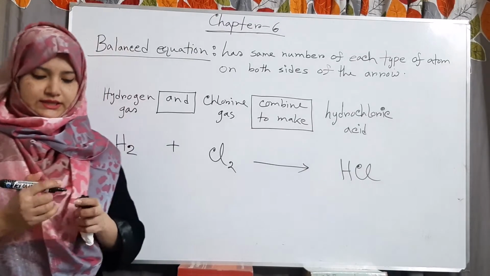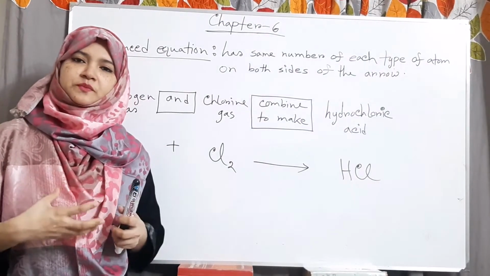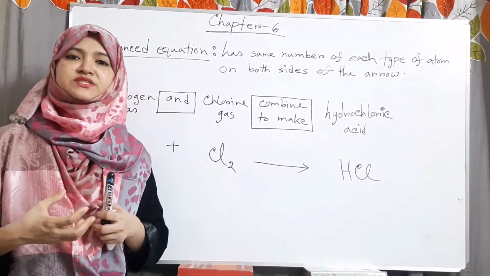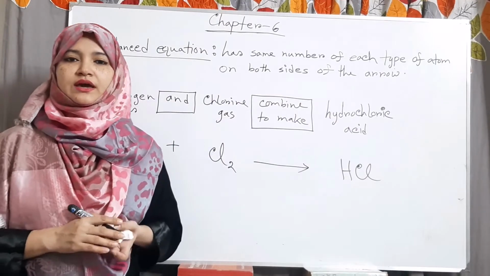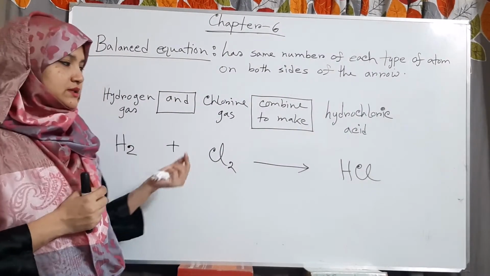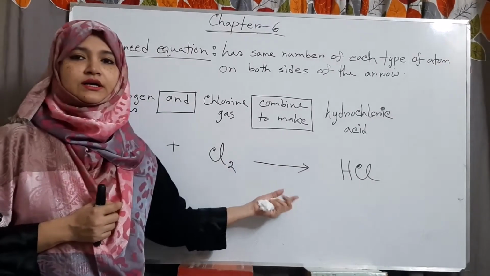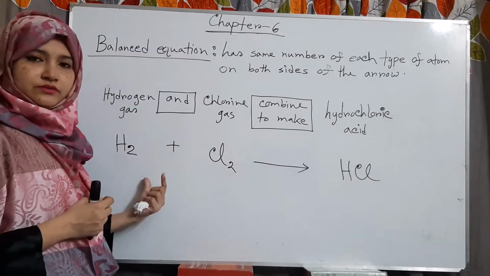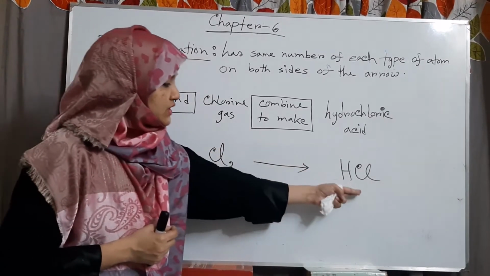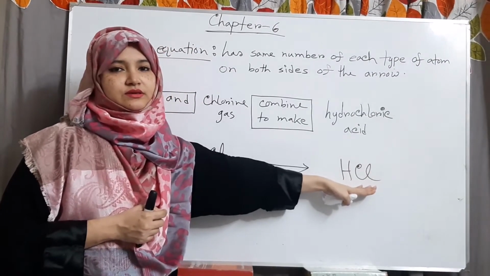There are some rules observed to write a chemical equation in order to express any chemical reaction. First of all, the reactants are written on the left side, and the products are written on the right side.